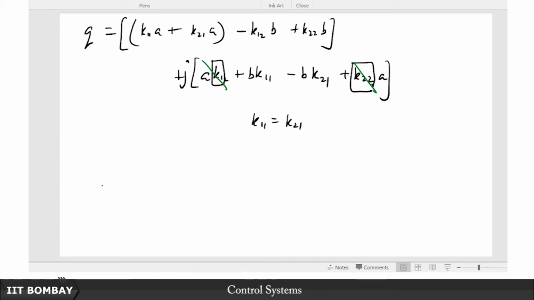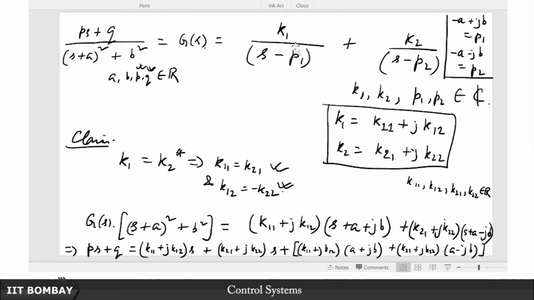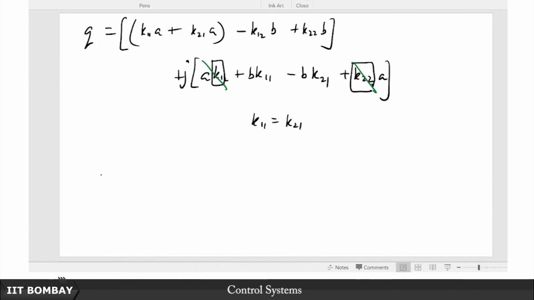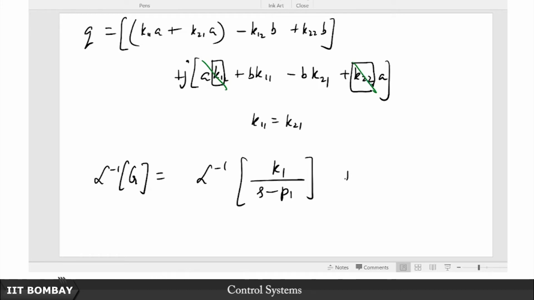See, in what form will we get this eventually? Once we have expanded this in this fashion, let us say we take the Laplace inverse of G here. Then what we get is the Laplace inverse of k1 over s minus p1 plus the Laplace inverse of k2 upon s minus p2.